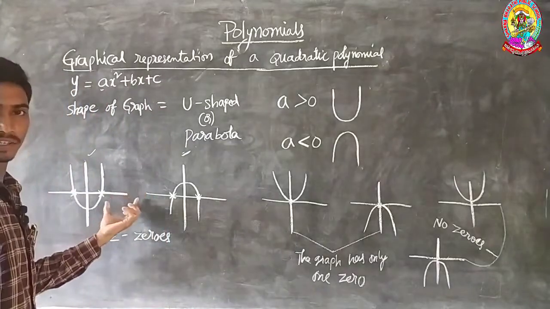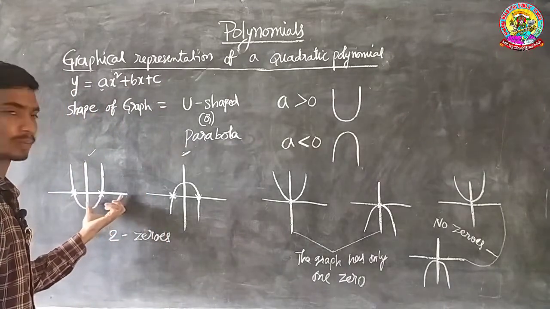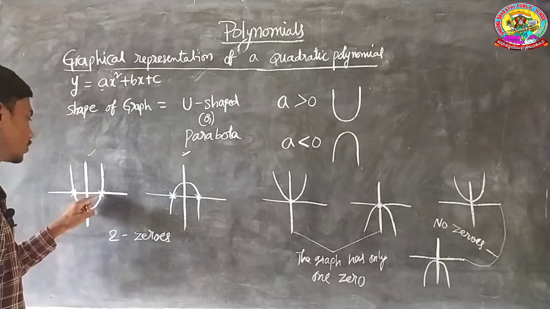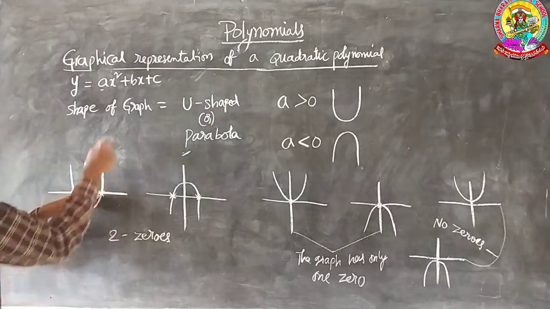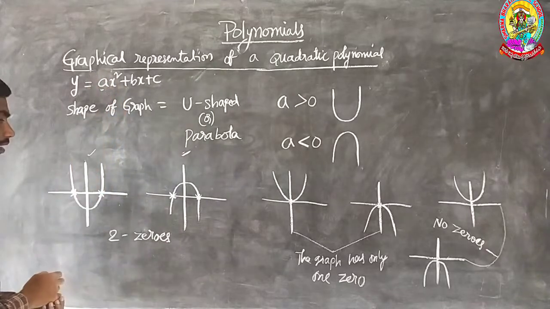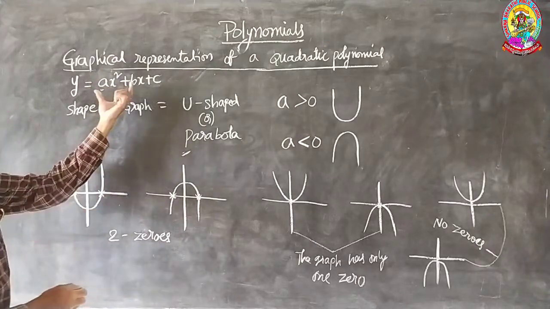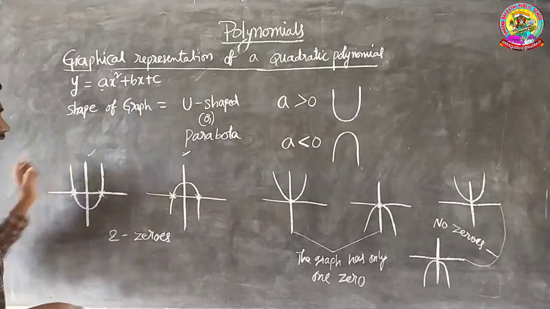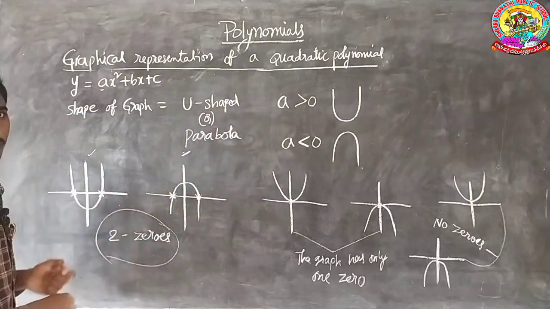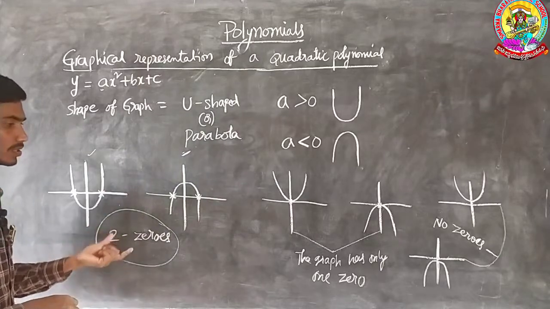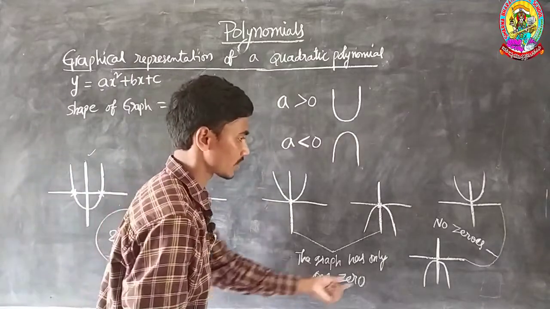You can easily find the number of zeros from the graph. The x-intercept gives the zero of the polynomial, which means a quadratic polynomial has at most two zeros, or no zeros also. Sometimes it has two zeros, sometimes only one zero, sometimes no zeros.